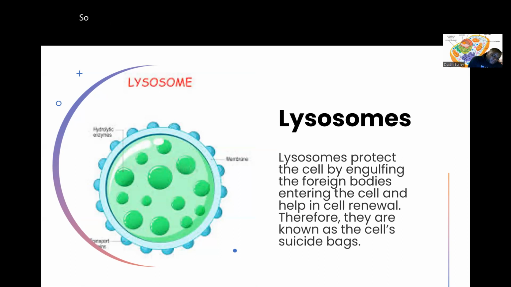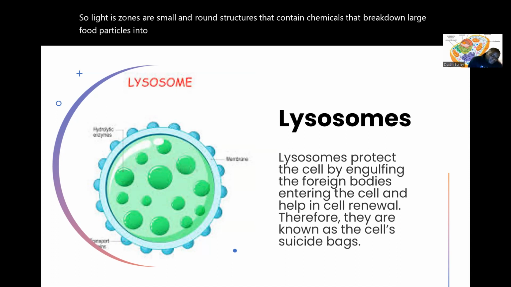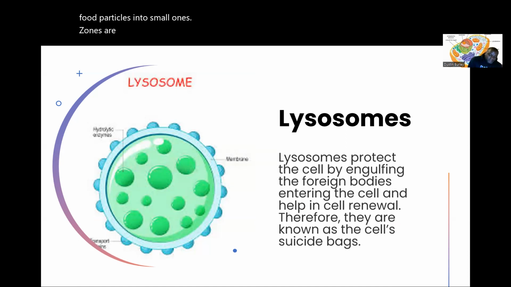So, lysosomes are small and round structures that contain chemicals that break down large food particles into small ones. Lysosomes also break down old cell parts and release substances so that they can be used again. In this sense, you can think of lysosomes as the cleanup crew.